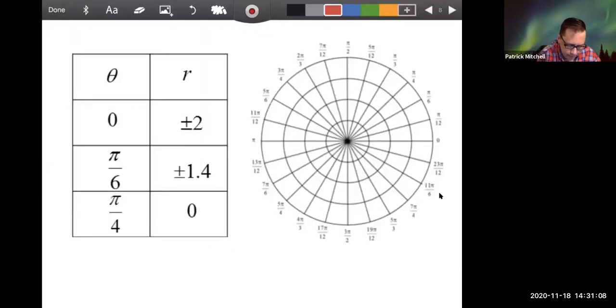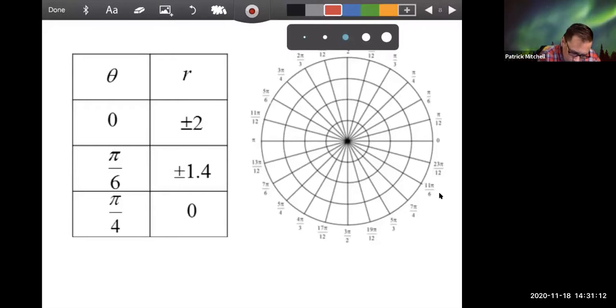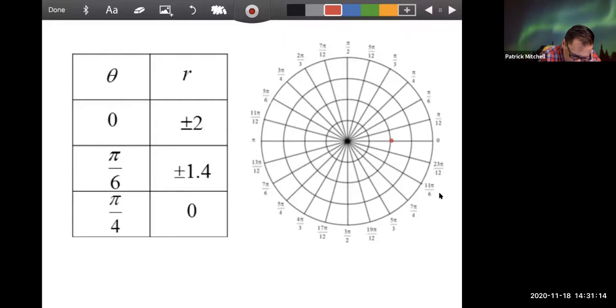All right. So first, 2, 0 and -2, 0 are those 2 points. 1.4, pi over 6 is going to be right about there. And -1.4, pi over 6 is going to be right about here. And then 0, pi over 4, that's going to be at the pole.